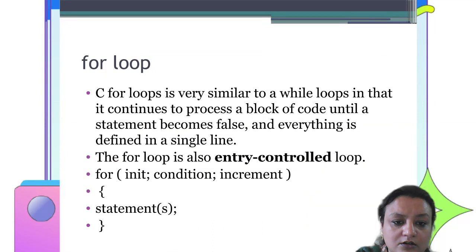C for loop is very similar to a while loop in that it continues to run a block of code until a statement becomes false, and everything is defined in a single line. The for loop is an entry control loop. So for loop is also an entry control loop, and in for there is always a block of code.